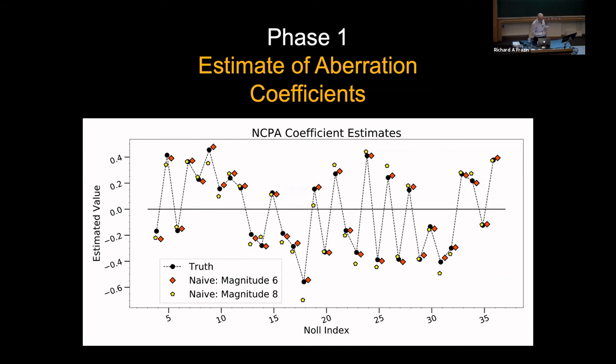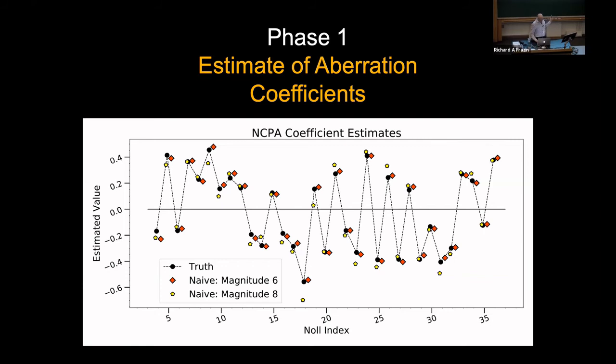And so our aberration of 30 degrees RMS consisted of these 36 Zernike modes, and the true coefficient values for the aberration we made up are given by the black dots, and then the ones we estimated are given by the orange or yellow symbols, and we did that for both the magnitude 6 and magnitude 8 stars, and we made a pretty good estimate.